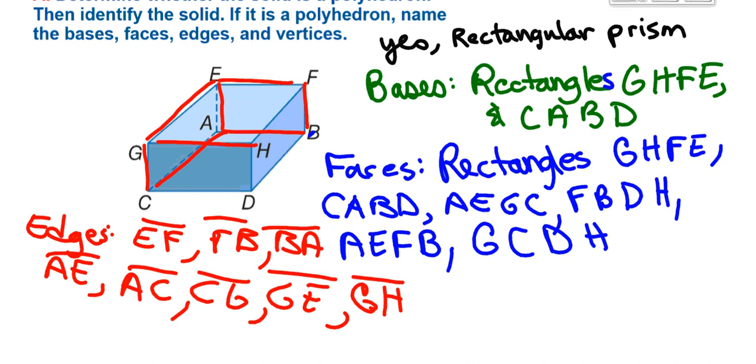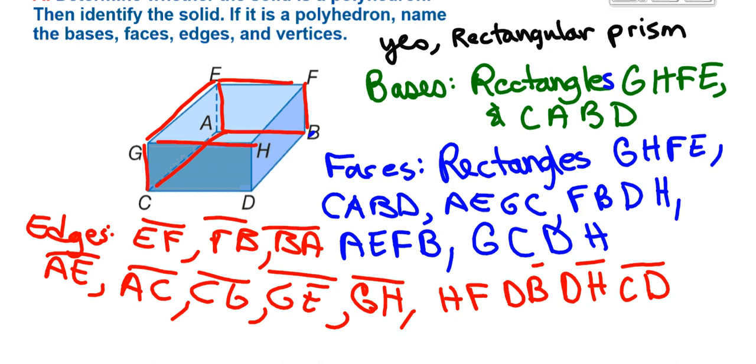And then one more set of 4 segments, and this time I'm going to write them just as you say them. Okay, and so segment HF, segment DB, segment DH, and segment CD.